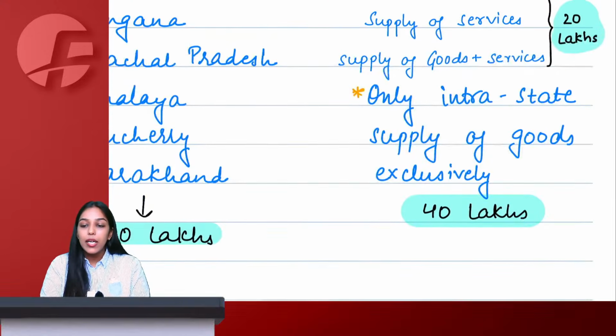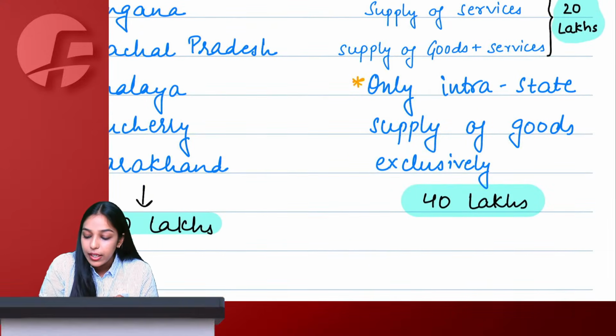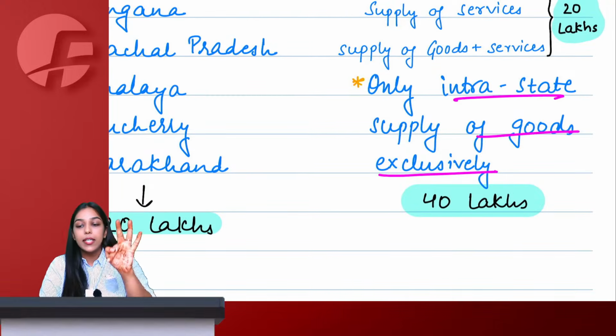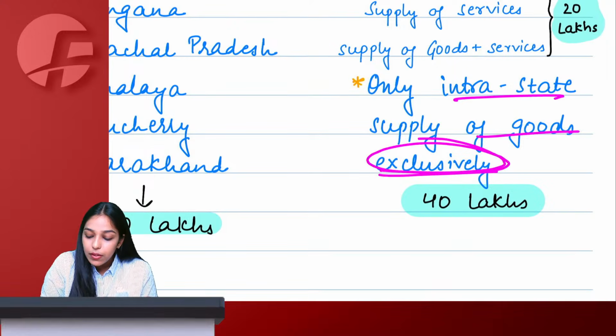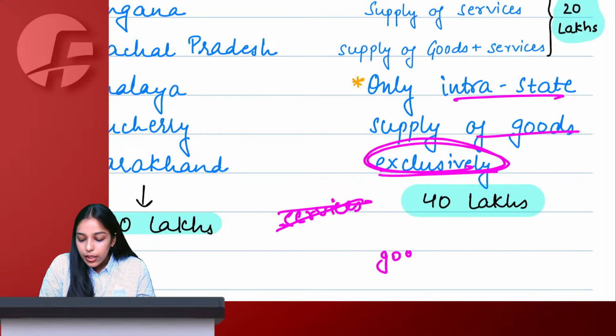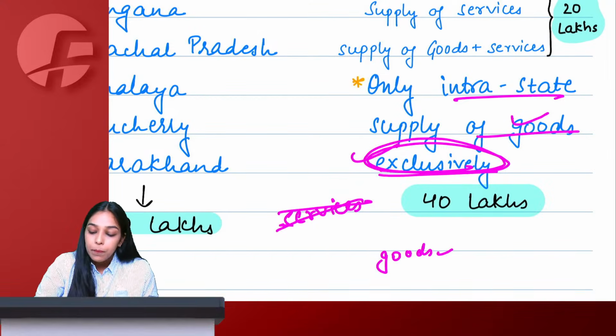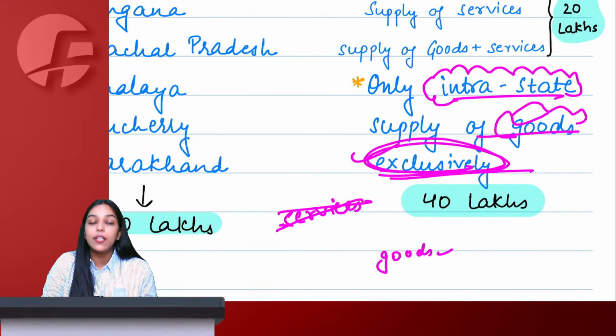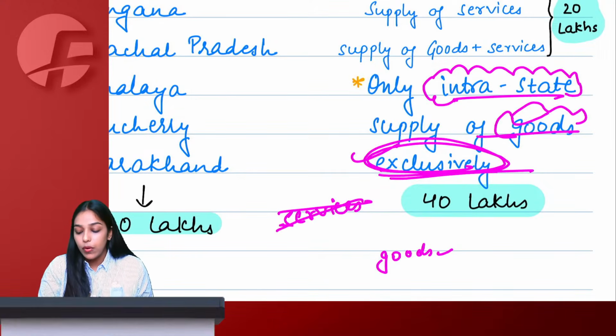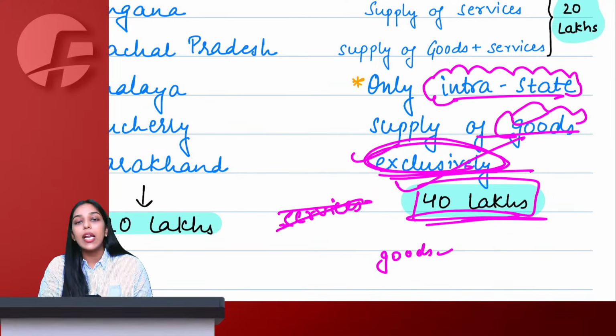But if I am supplying exclusively intrastate goods, three things: exclusively intrastate goods. By exclusively I mean there should be no services, only and only goods, and that too no interstate supply, only intrastate. Then my aggregate turnover limit is going to be 40 lakh rupees.